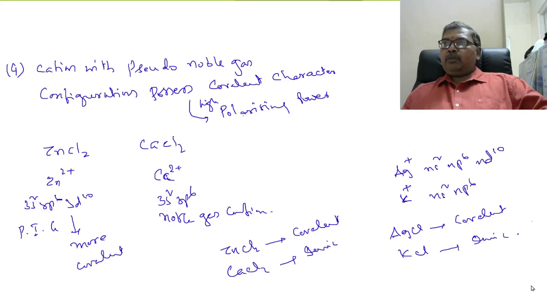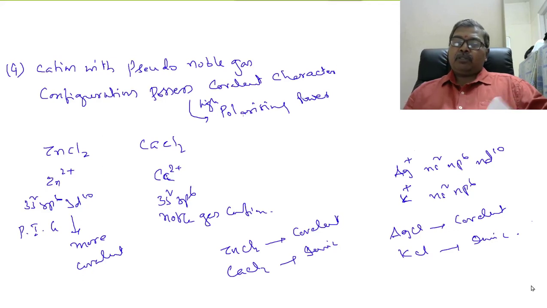So in any compound, if cation has pseudo inert gas configuration, it is said to have more polarizing power. Therefore, cation with pseudo inert gas configuration is covalent, and those compounds are treated as covalent compounds. So these are very important Fajan's rules. Questions on these are very important for main examination.